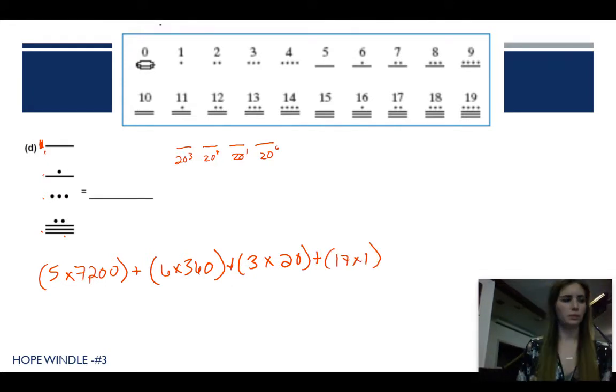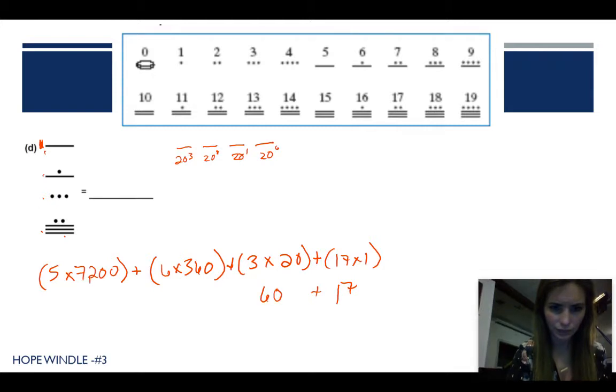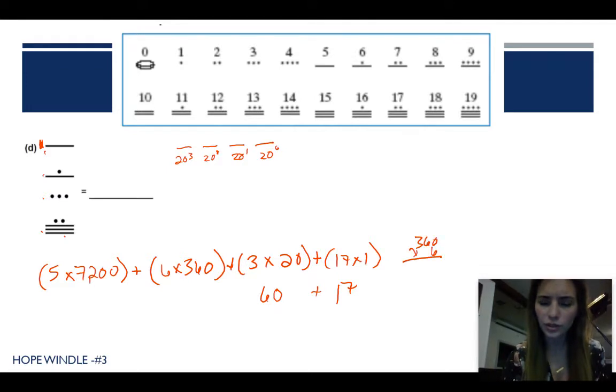So let's go ahead and do 17 and 60. We could do some calculations over here or use a calculator. Let's see.